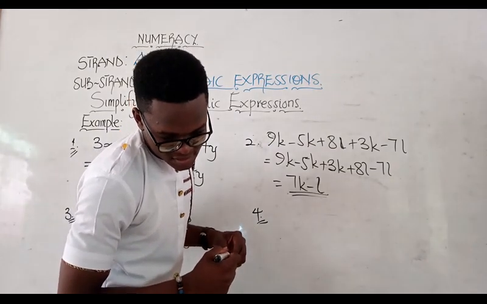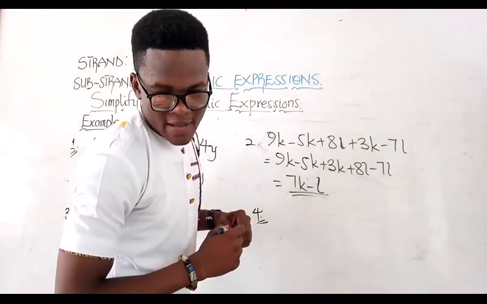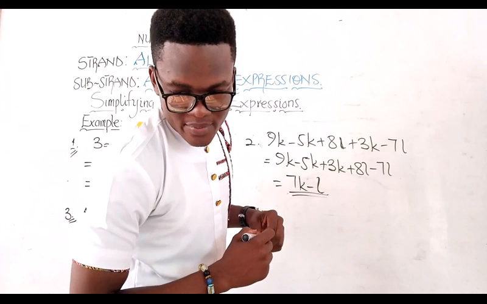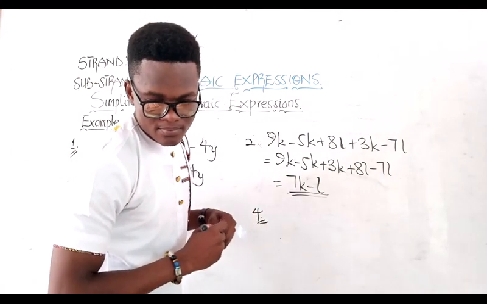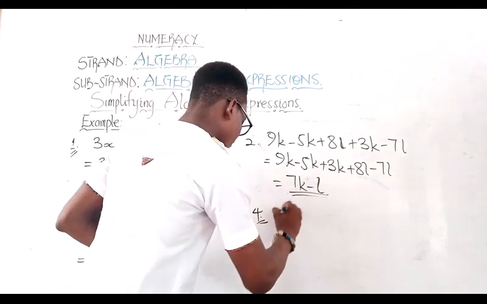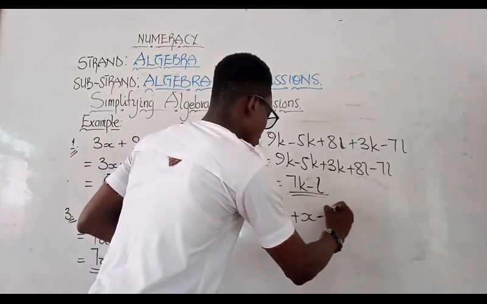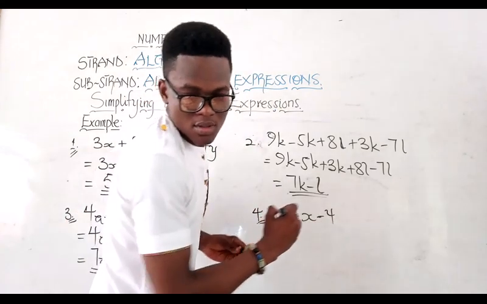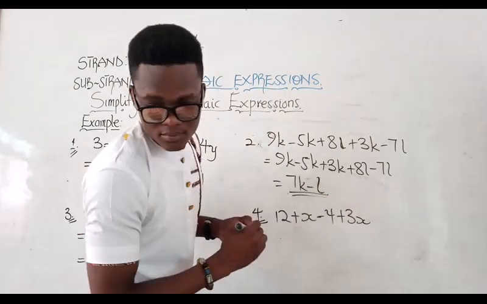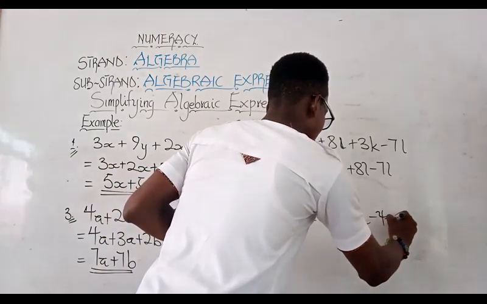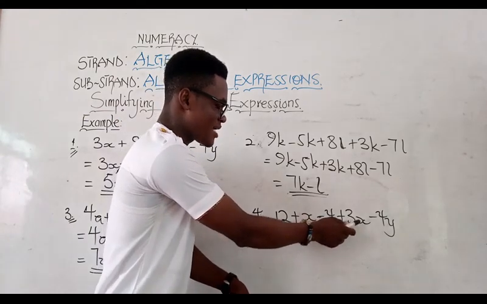Okay, we have 12 plus x, minus 4 plus 3x minus 4y. All right, so we have 12 plus x minus 4 plus 3x minus 4y.